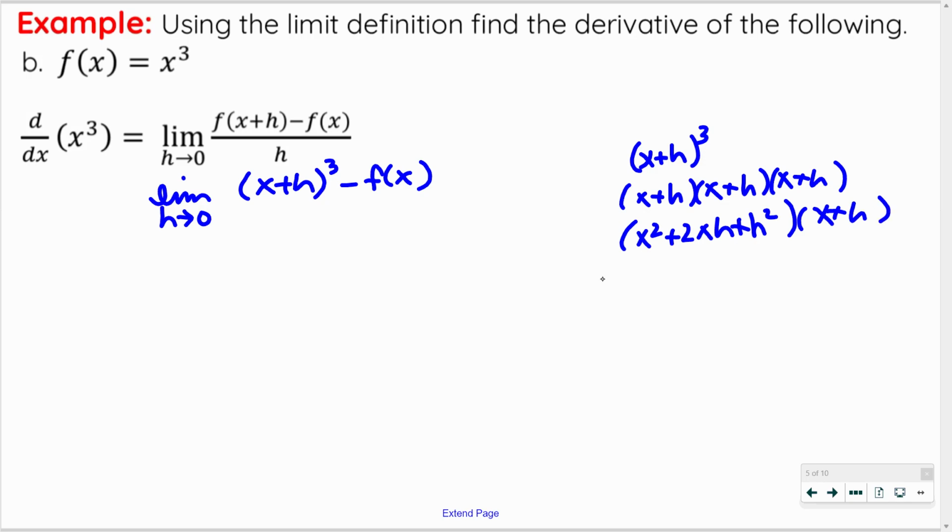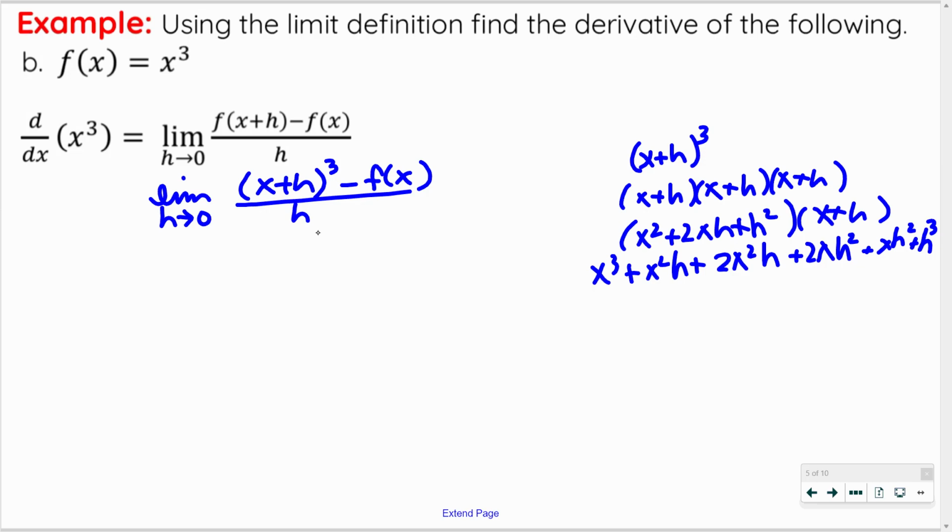So I'm going to have x cubed plus x squared h plus 2x squared h plus 2xh squared plus xh squared plus h cubed. I just squeezed it in there. Okay, and this will all be over h. So f of x, actually I can fill that in there. I know that f of x is equal to x cubed. Okay, so limit as h approaches 0.